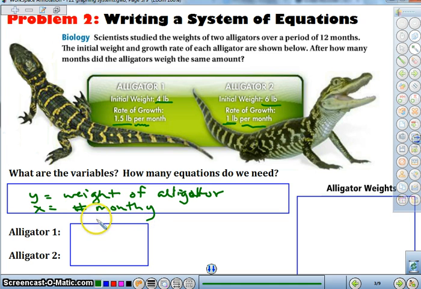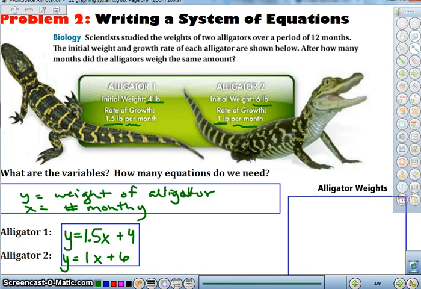If I was going to ask you to write an equation, remember, we're going to think about our linear ones. y equals, the weight started out at 4, growing at 1.5. 1.5 is our rate of change. That's our slope. Per month, that's our x, plus, in this case, 4. Our second equation, y equals, this one is growing at 1 pound a month, plus 6.